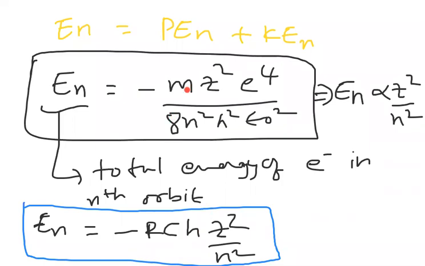This one is in terms of mass, electron charge, Planck's constant, and epsilon naught. This one is simply in terms of the Rydberg constant, speed of light, and Planck's constant. We can write the same expression in this way also. Here we have the RCH value.